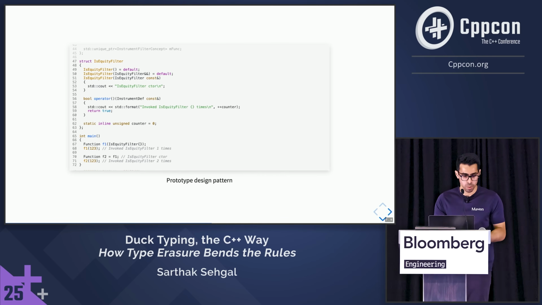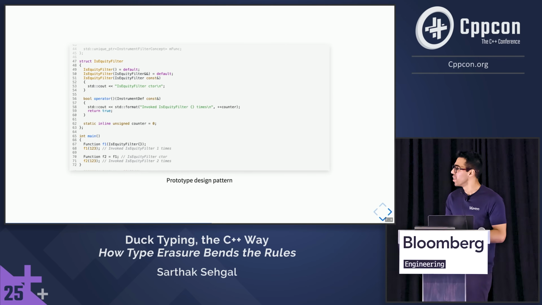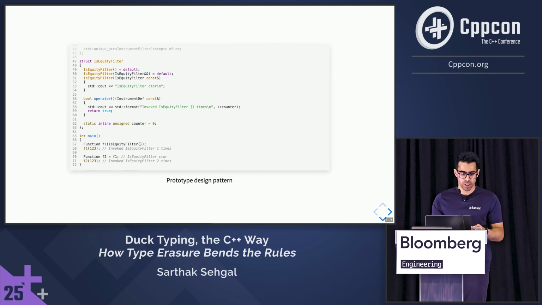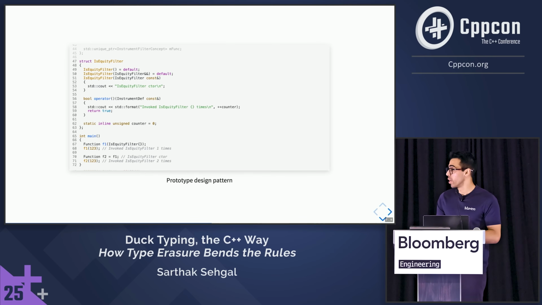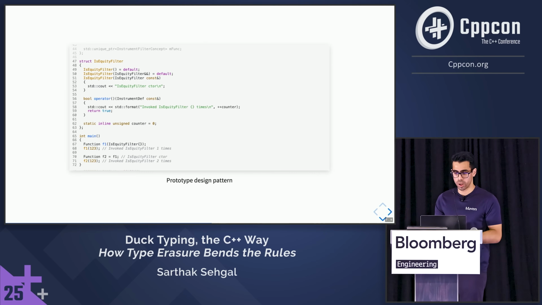I should have called it copy ctor instead of ctor because it's not a constructor, it's a copy constructor. But anyway, it calls the copy constructor of isEquity filter, so it looks like the clone is working correctly. And then it invokes it again, and I have this static counter, so it prints that it's invoked 2 times.